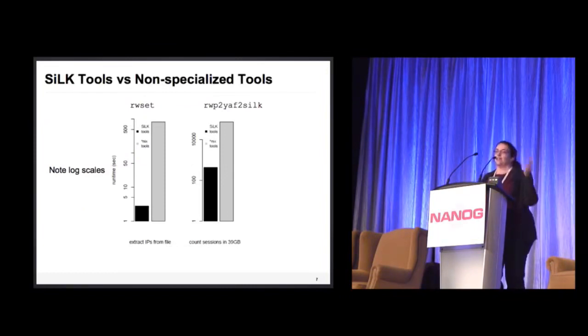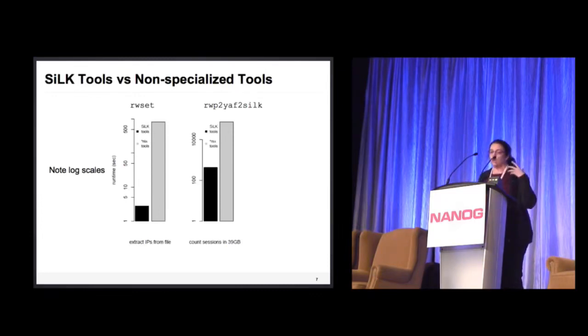I had this 39 gig PCAP file, and I just wanted to know how many flows were in that PCAP. So I started a TCP dump, because when I see PCAP, I think TCP dump, and let's see how long it takes. Hours and hours and hours later, I finally got a number. Well, the guys I worked with said, why didn't you do Silk? So I used Silk, and Silk has two tools.